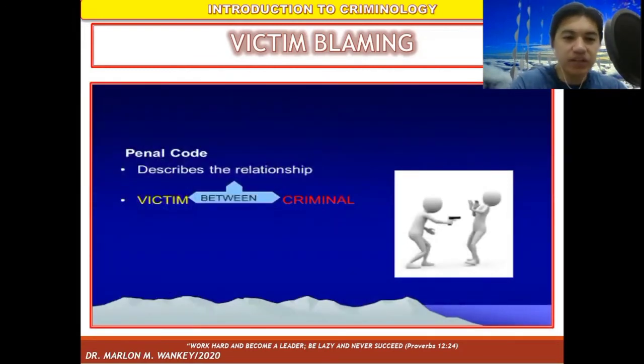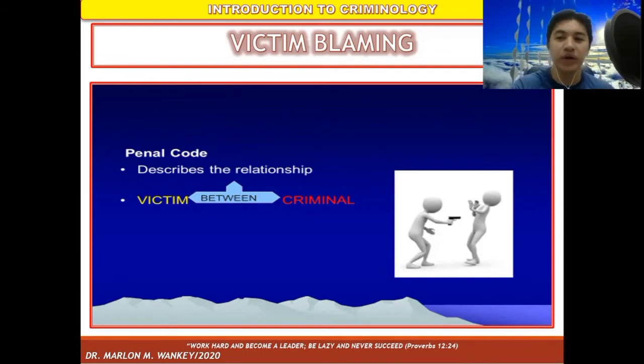So, what is a penal code? Penal code describes the relationship between the victim as well as the criminal. As I said a while back, it doesn't mean there is a dating relationship, but determining what is the relationship between victim and criminal. Magkaribal ba ang mga yan? Mag-asawa, magkaibigan, or just an acquaintance, okay? Nagkursunadahan lang, okay?